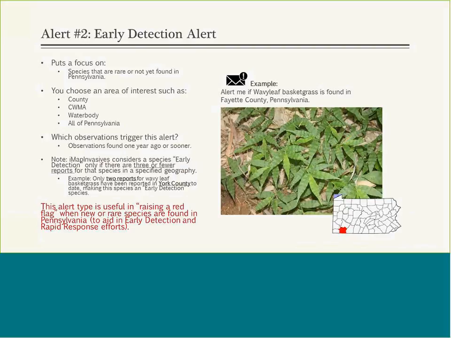The detection alert is really useful in raising a red flag when a new or rare invasive species is found in Pennsylvania, which will ultimately help in aiding early detection and rapid response efforts. So in that wavy-leaf basket grass example, you could say, alert me if wavy-leaf is found in Fayette County, where it currently has not been found. And if it is, that's going to be a really important thing to know about.